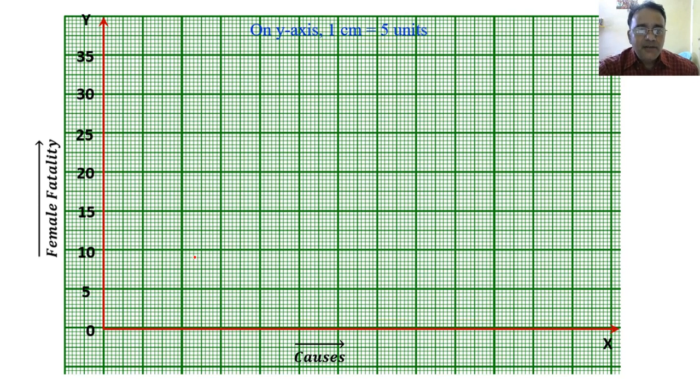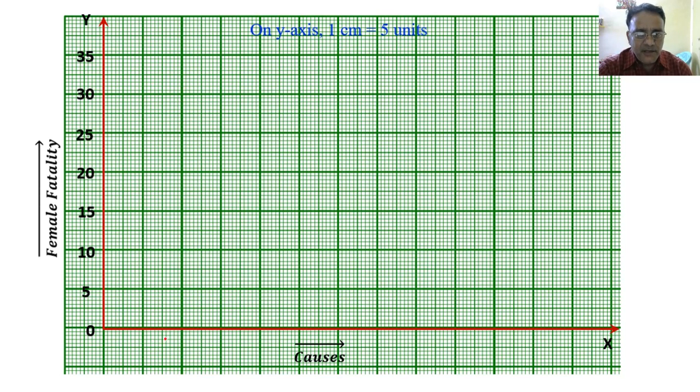Now let us start with 31.8. 31.8 will come approximately here. See, this is 5 units here. So the two grids will equal 1 unit. So this will be 31 and this will be 32. So somewhere around here we have to make a bar. 31.8 we will get somewhere around here.